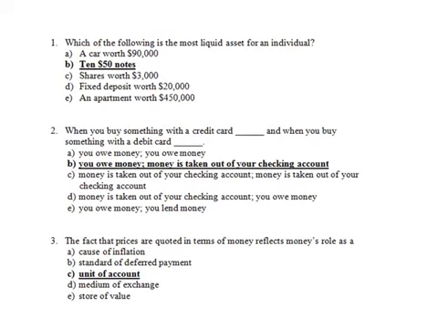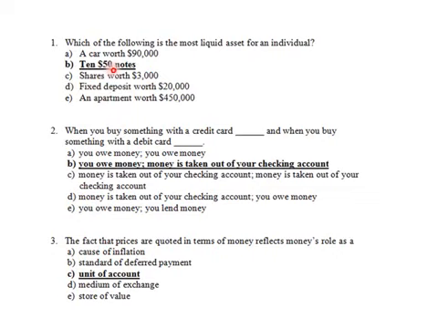Now let's round up this tutorial with MCQ questions. The first three are here. The first one: which of the following is the most liquid asset for an individual? Liquid means the easiest to exchange for goods and services without restriction. You can exchange it almost immediately and with no restriction. So obviously it's cash.